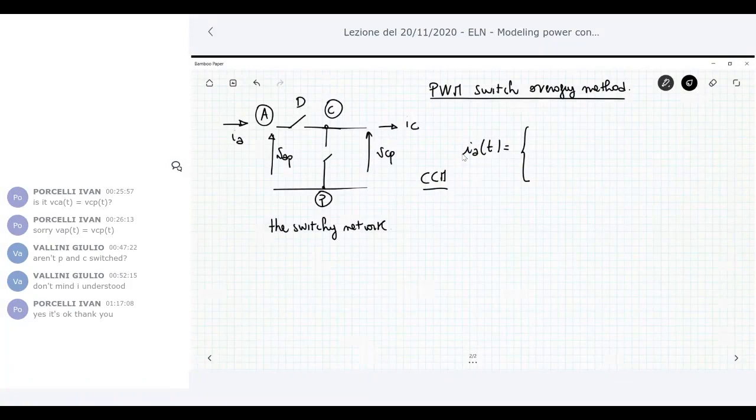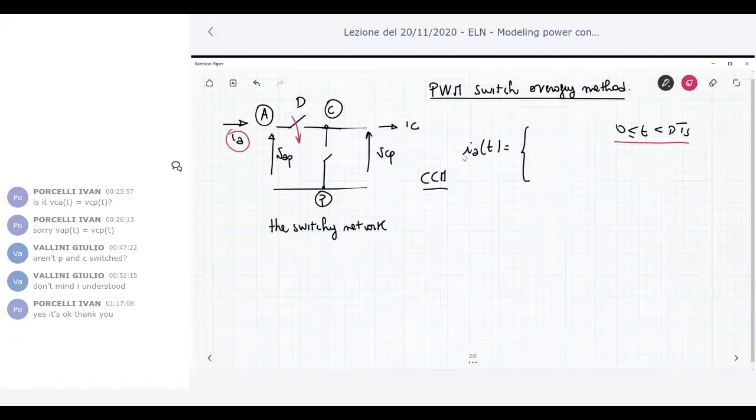So what happens during T on, when the active switch is on, meaning that this is closed and the passive switch is open? Then the current IA is the same as the current IC.